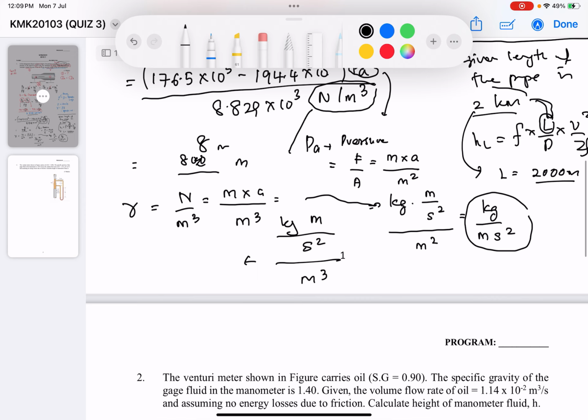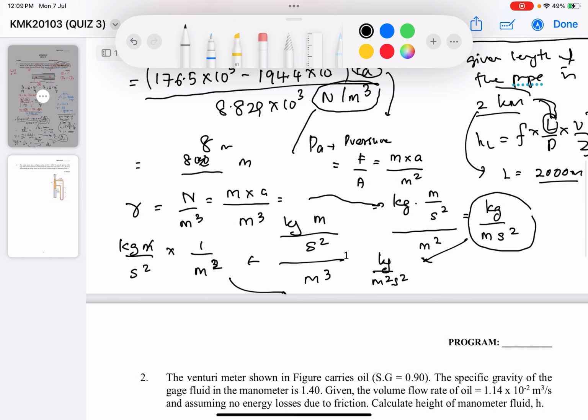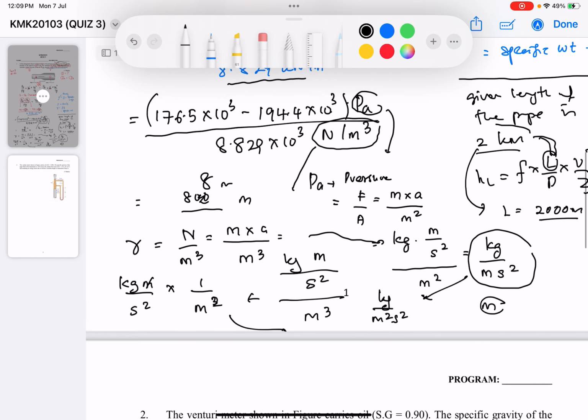So I end up with kilograms per meter squared per second square. Dividing these two, I'm going to end up with the unit of meter. So yes, this is correct.